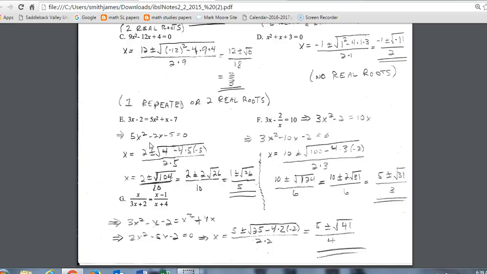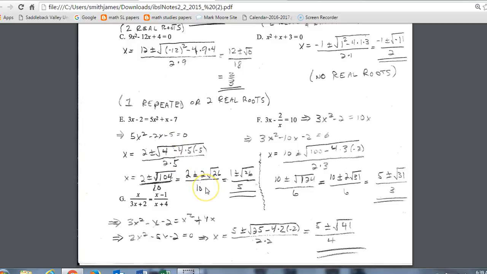It's usually best if your a term is positive, so I would always encourage you to put everything onto the side of the equation that would make your a term positive. So in this case, here's my a term, it's already positive, so I'm going to get everything onto the right side of the equation. So I'm going to subtract 3x over to here, I'm going to add 2 over to there, and that's going to give me this look, and now this problem is ready for the quadratic formula.